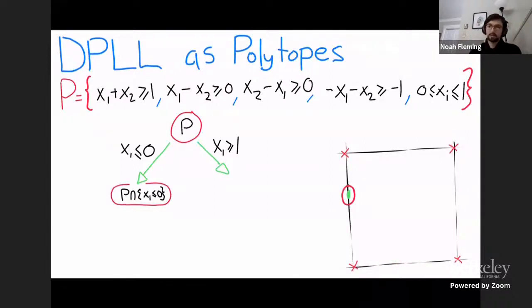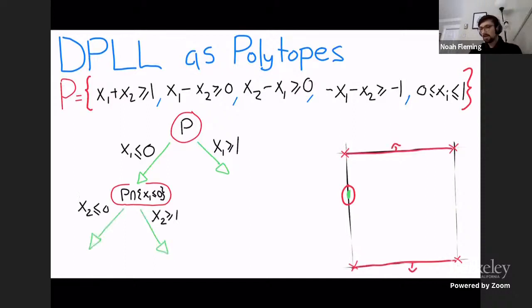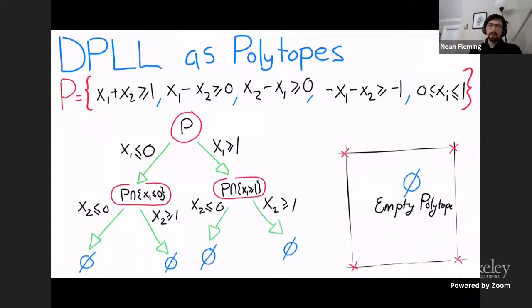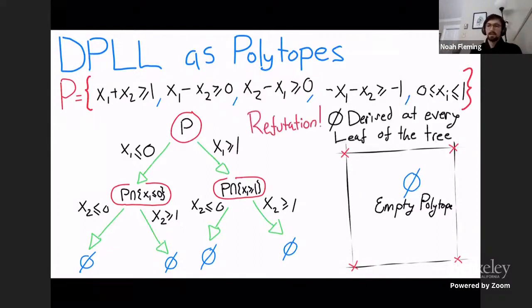Now we're just left with this single point intersecting x1 equals 0. We query again and we get the empty polytope. We can repeat this process to derive the empty polytope at every leaf. Each of these queries, branching on whether x1 is less than or equal to 0 or greater than or equal to 1, has the property that any integer point satisfies one of the two. So because we've derived the empty polytope at each leaf, this is a refutation of the claim that the system of inequalities had an integer solution.